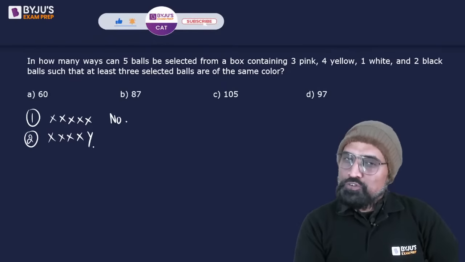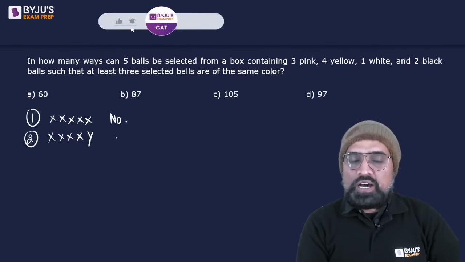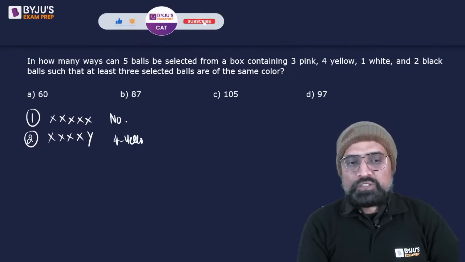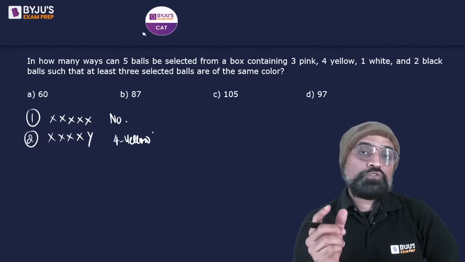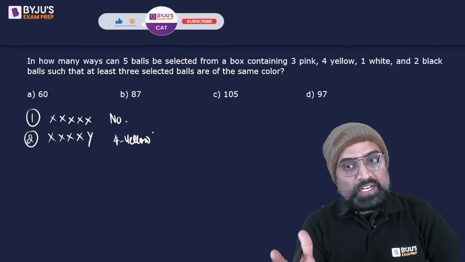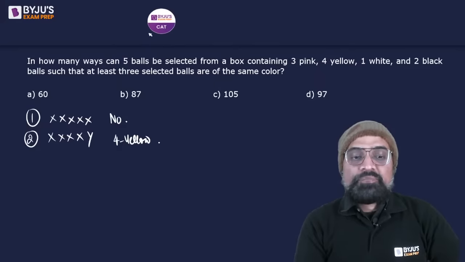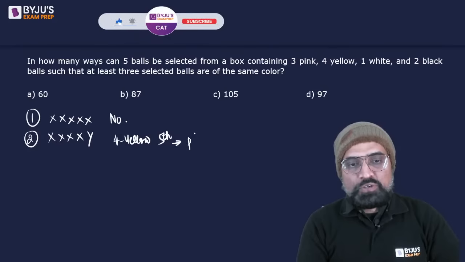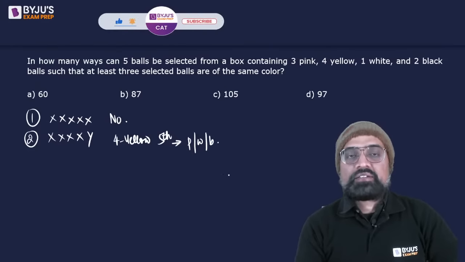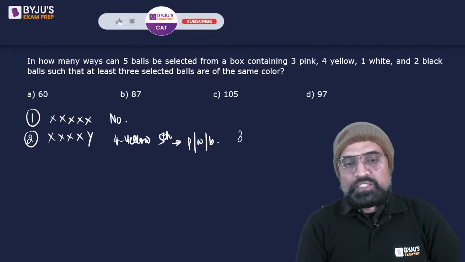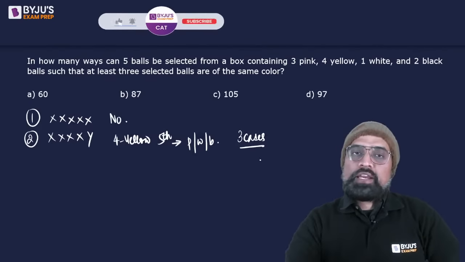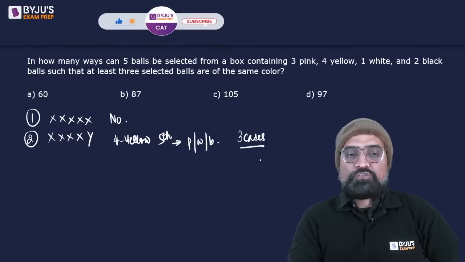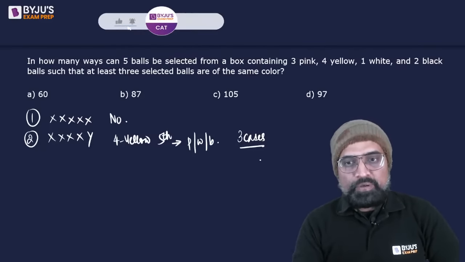When you're going to have 4 balls of same color, you are going to have 4 yellow balls because that's the only color where we have 4 balls of that color. And the 5th ball can be anyone from pink, white or black. So can I say there are going to be 3 cases for this? 4 yellow and a pink, 4 yellow and a white, 4 yellow and a black.